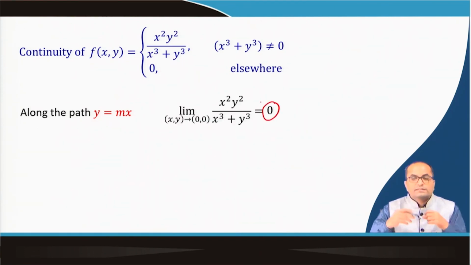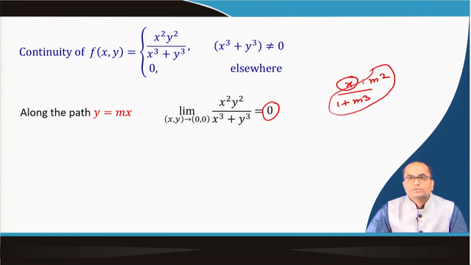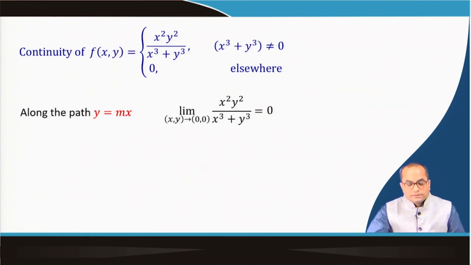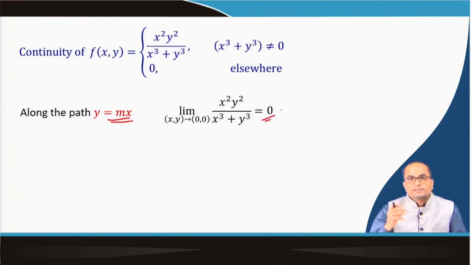Since there is an x there, and we have 1 plus m cube and an m square also, when x goes to 0 this is bounded except for some m, but for all other m's this will go to 0. So, y equal to mx gives several paths, and along the lines you get the limit 0, but that is not helpful again, because we cannot claim that this is the limit.